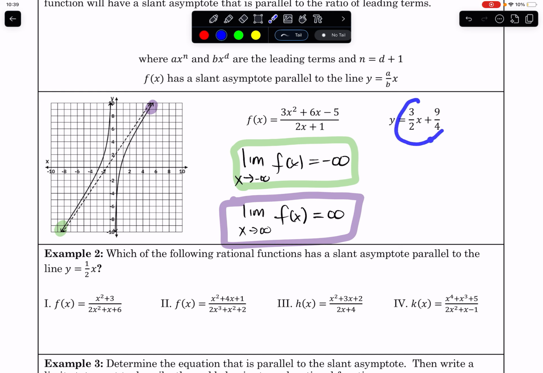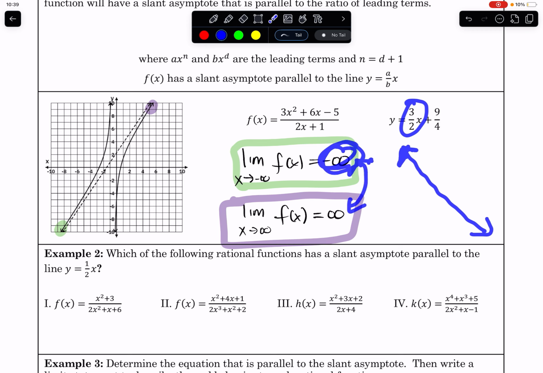And if this number was negative, then the line would be going like this, and this would just be backwards. The left end would be pointing upwards, and the right end would be pointing downwards.